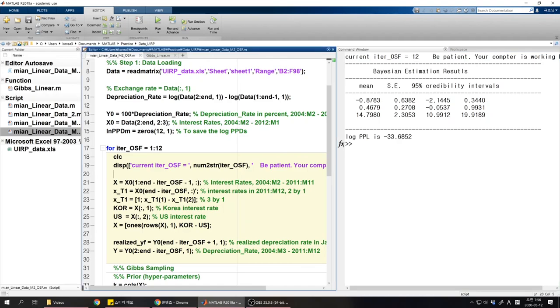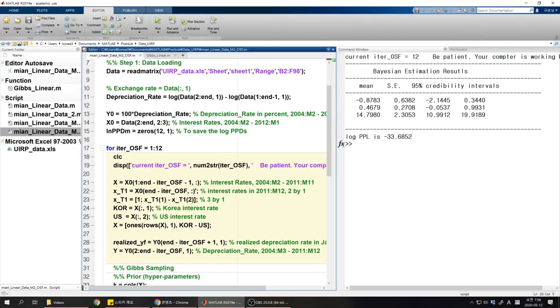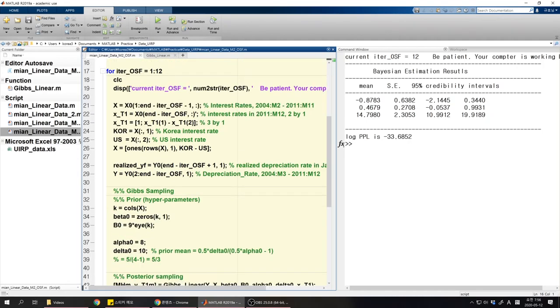So this is the result from model 2, and then let's try model 3, in which there are no independent variables. You can do this by changing your prior, let's say 0.0000000001, or 2 more zeros. It doesn't matter.